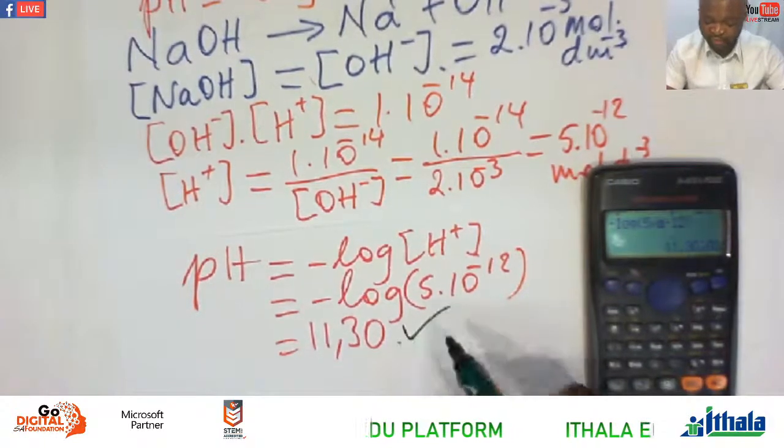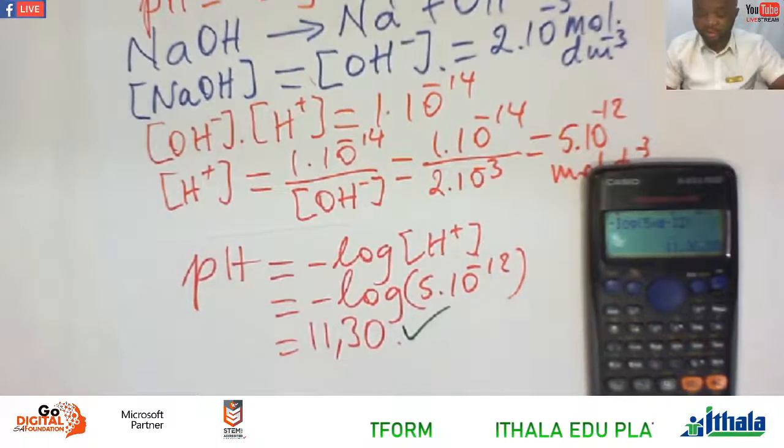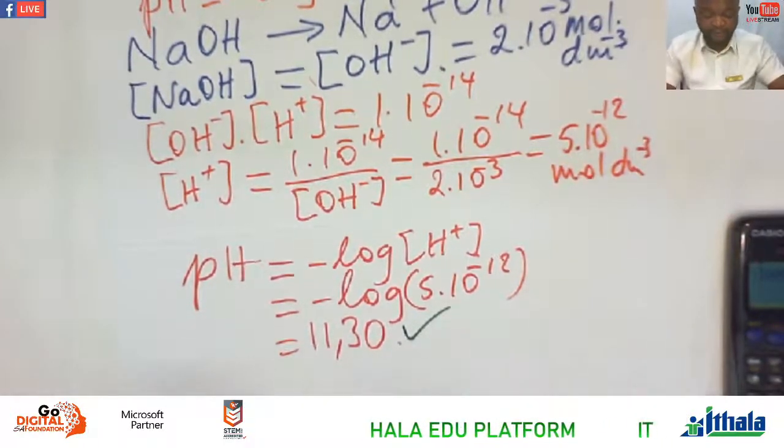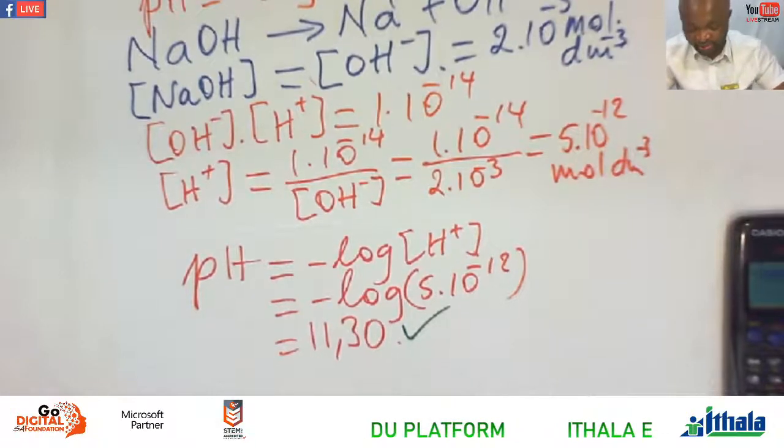So because it is 11, it means everything is going well. So that's how you calculate the pH of a base.